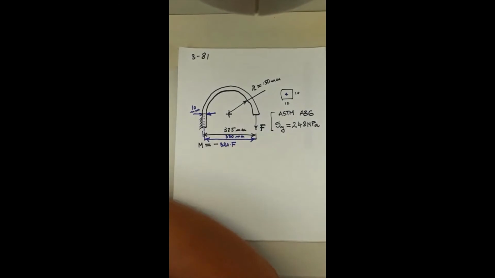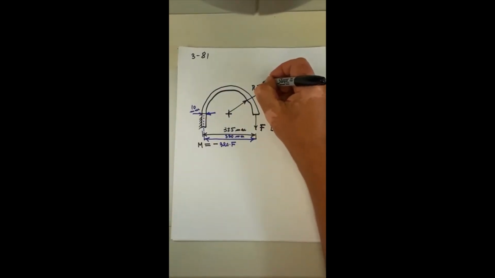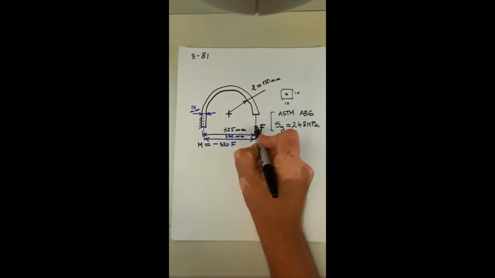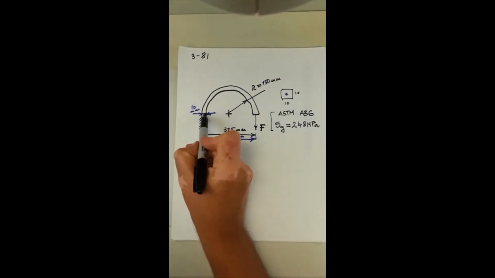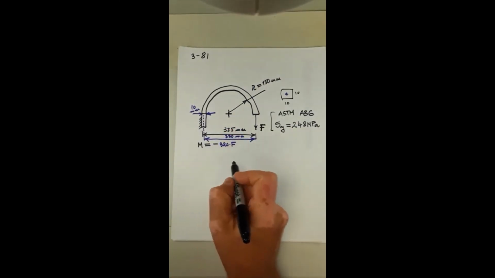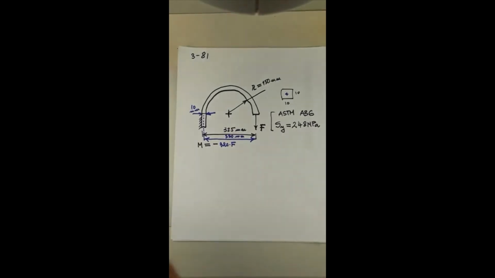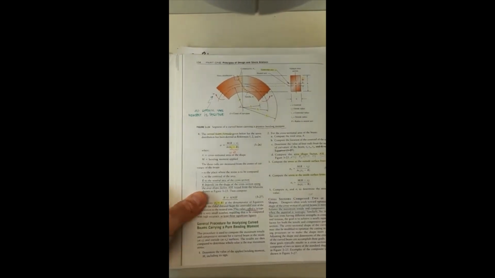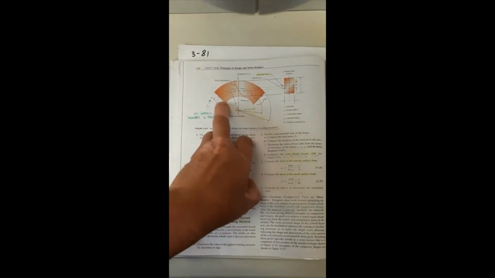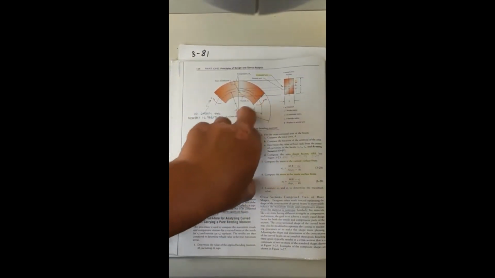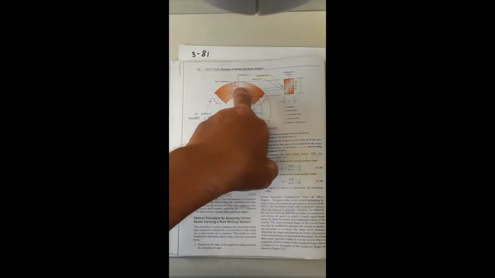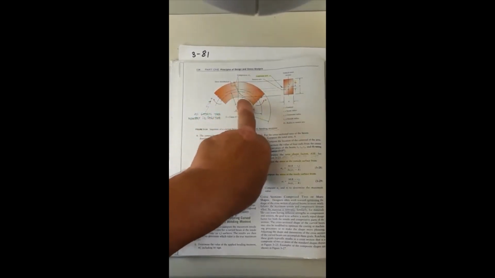This makes the problem a little more complicated, but we capture both effects on this cross section. On one hand, the parabolic stress distribution according to figure 324, and here the moment is inwards, so this is a mirrored image with tension on top, compression below.